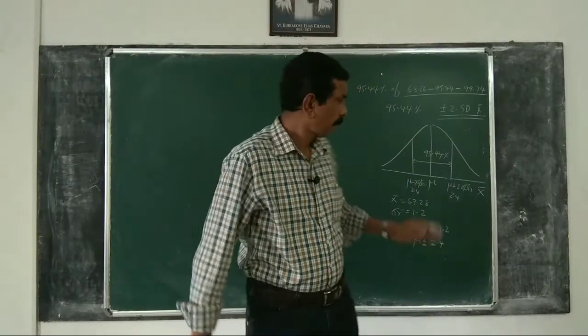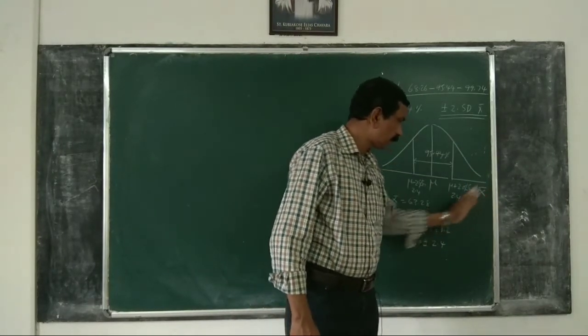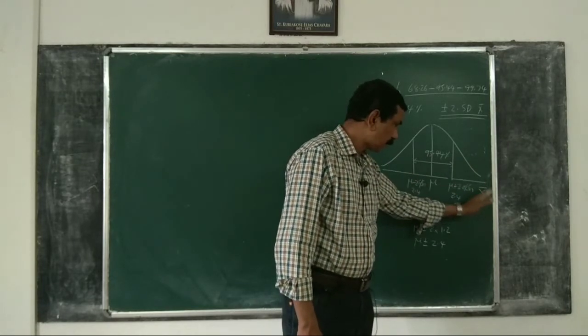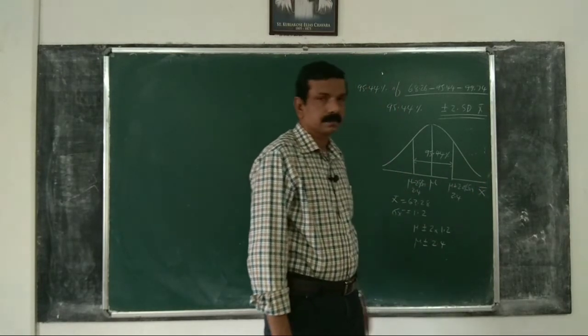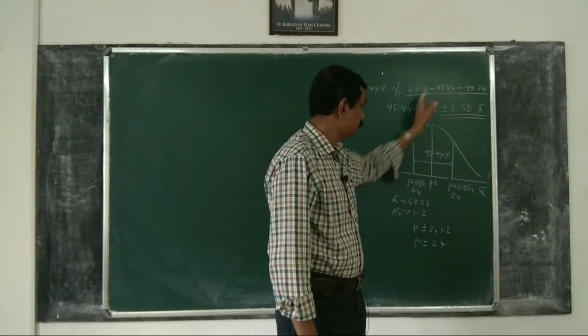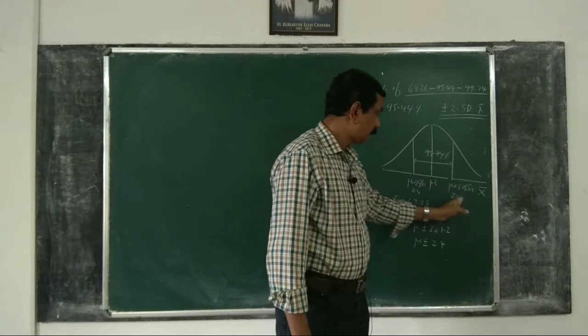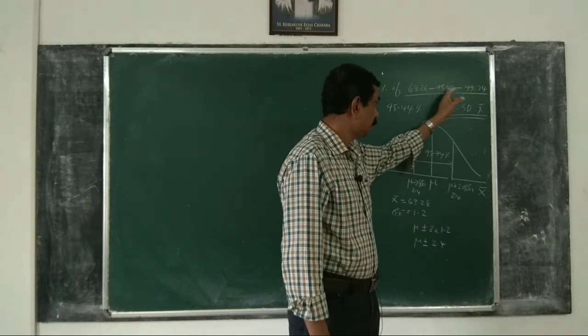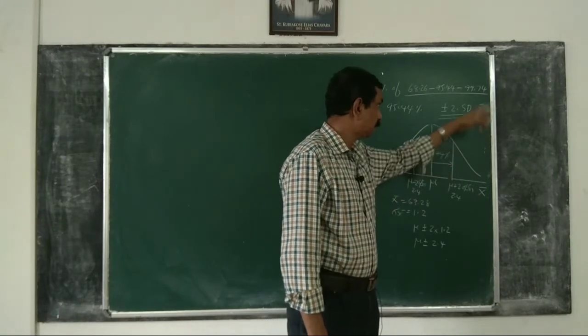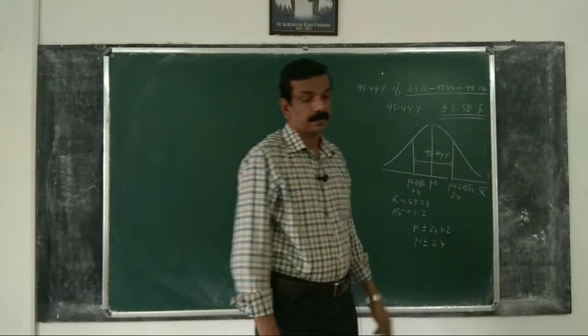Because X bar is a normally distributed random variable and the area property is applicable to X bar. Plus or minus 1 sigma, 68.26; plus or minus 2 sigma, 95.44; plus or minus 3 sigma, 99.74.